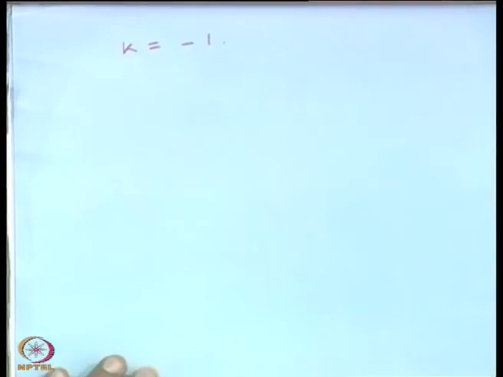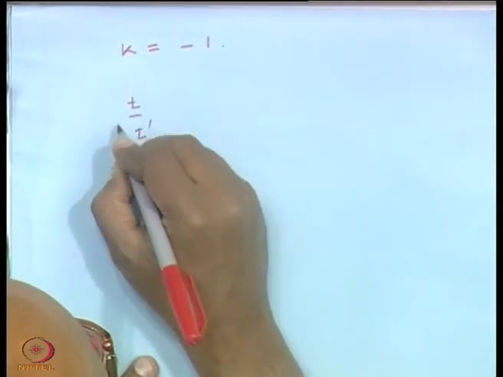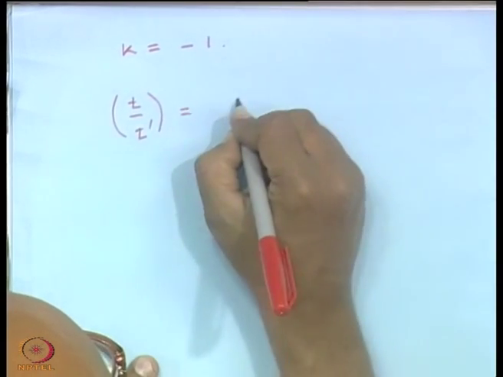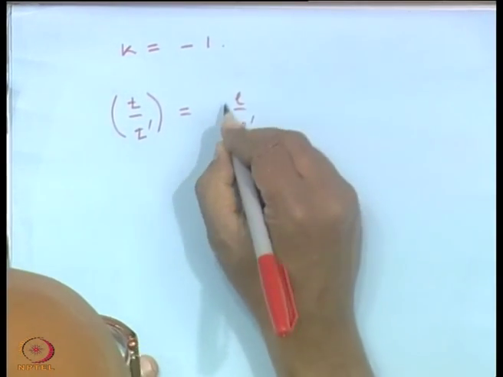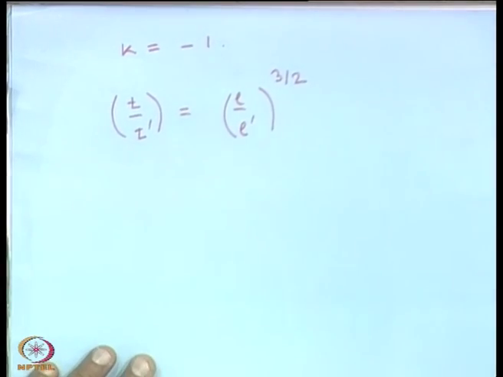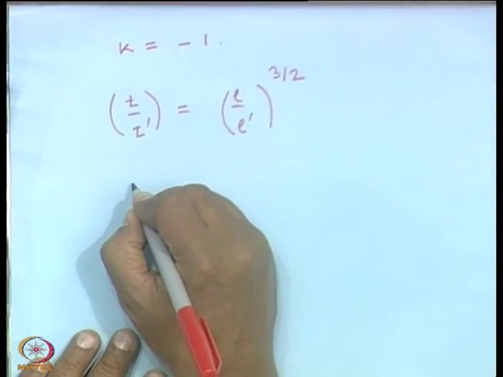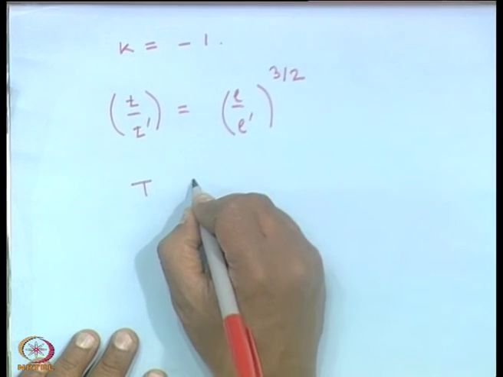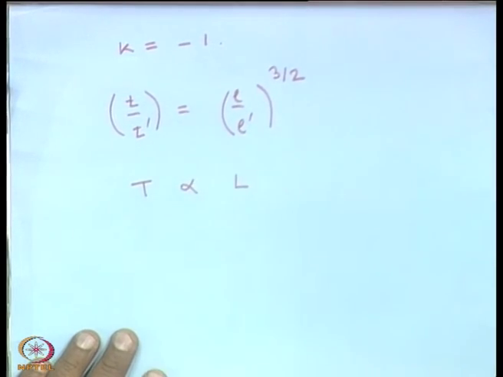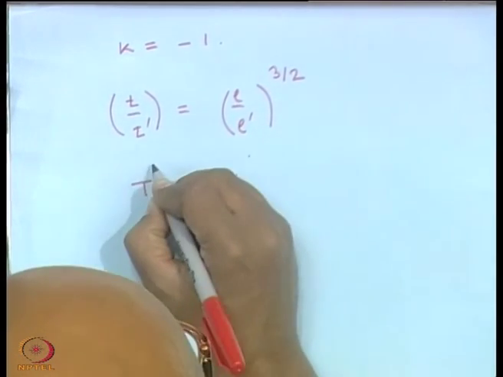So, what we see is that t by t prime is equal to L by L prime to the power of 3 by 2, or the time period of the orbit is proportional to the length scale of the orbit to the power 3 by 2.